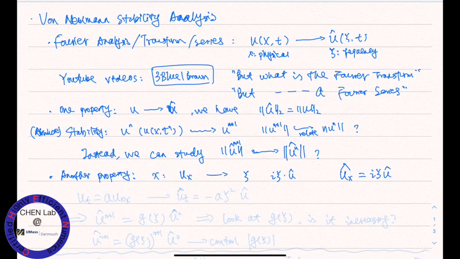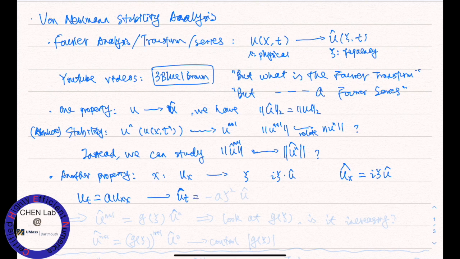This, by the way, means that u_t equals A u_xx in our setting. So far we put A to be 1. u_t is equal to u_xx. This would go to u hat_t, right? The transform is about x, it does nothing to t, so it's just u hat_t.